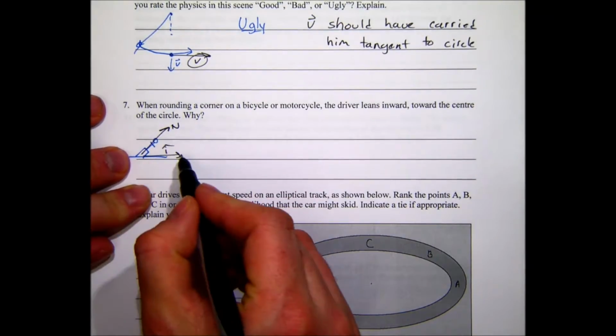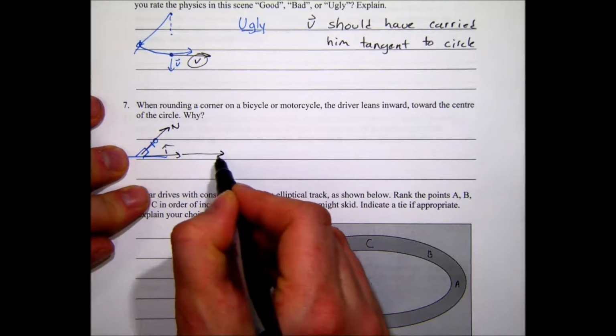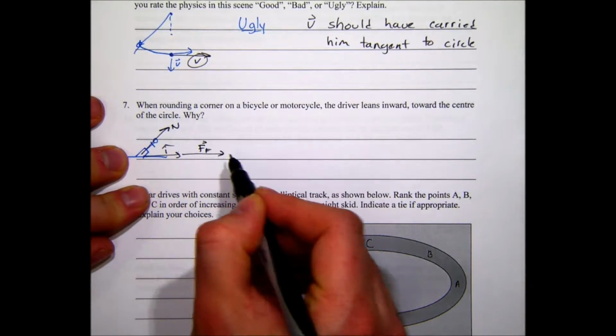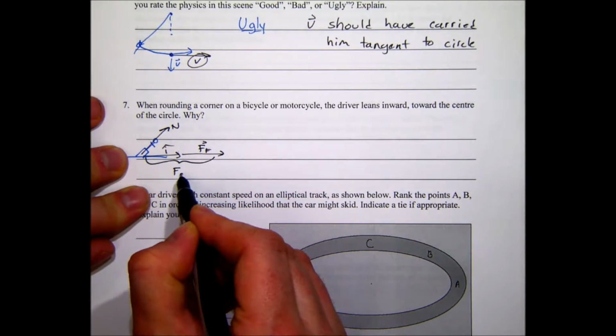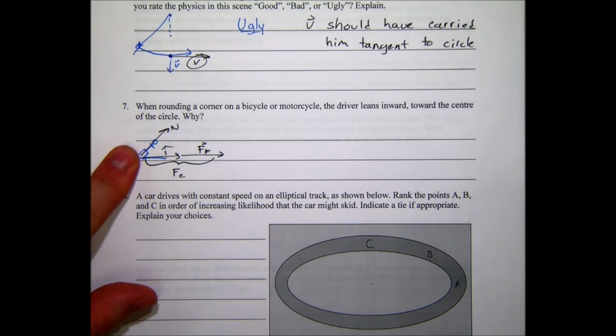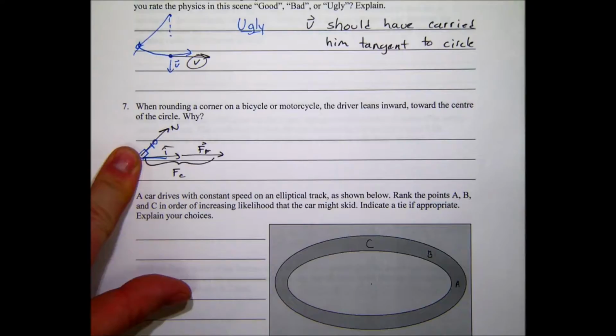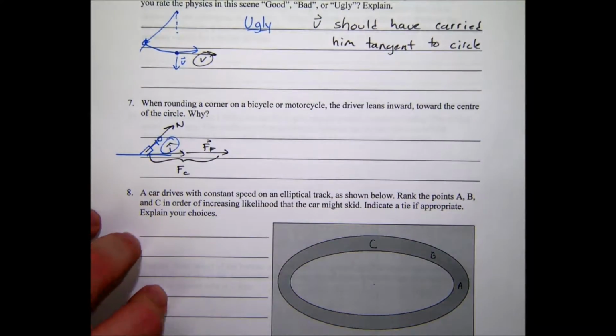So to make the turn, they're going to have the horizontal component of the normal force plus some force of friction due to the tires, and together they're going to give you centripetal force. If they tried to make the turn without leaning over, this particular component of the vector wouldn't be there.